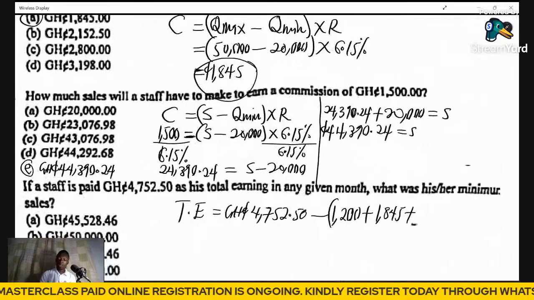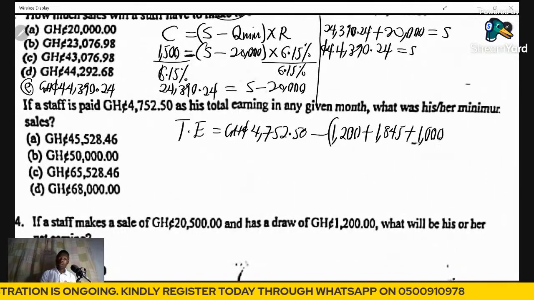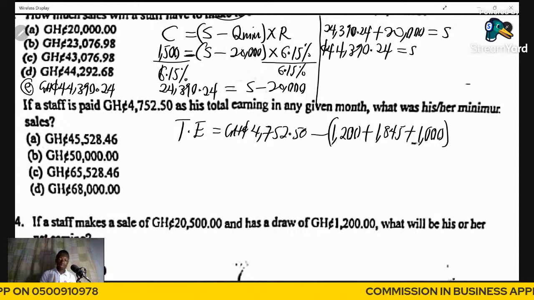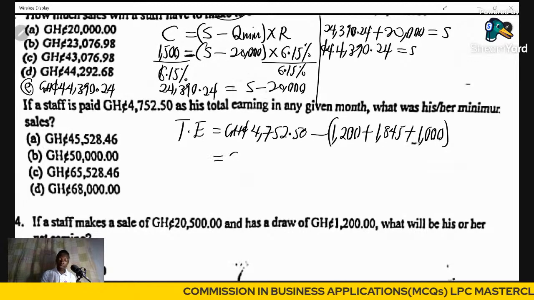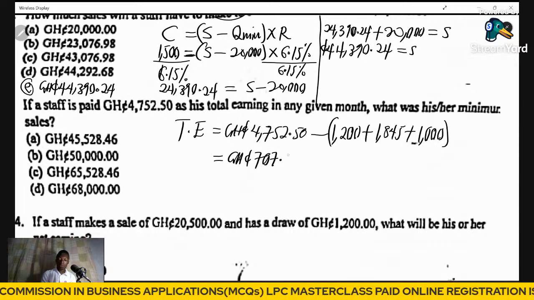So you have the 1,000 here. You appreciate what I'm doing when we are done. So what is happening here? When I subtract 1,200 plus 1,845 plus 1,000 from the whole of 4,750, with the help of your calculator, you're going to get something like 707.50.